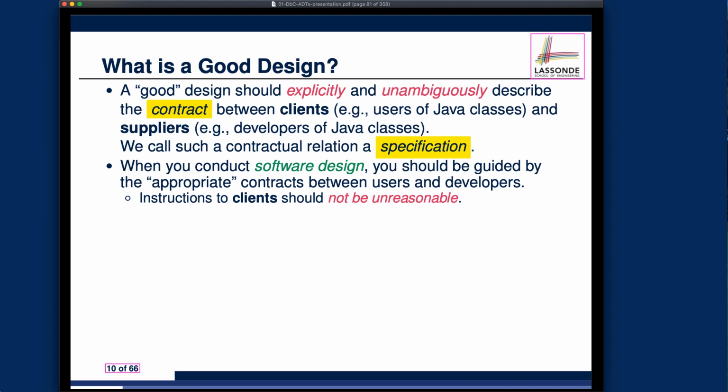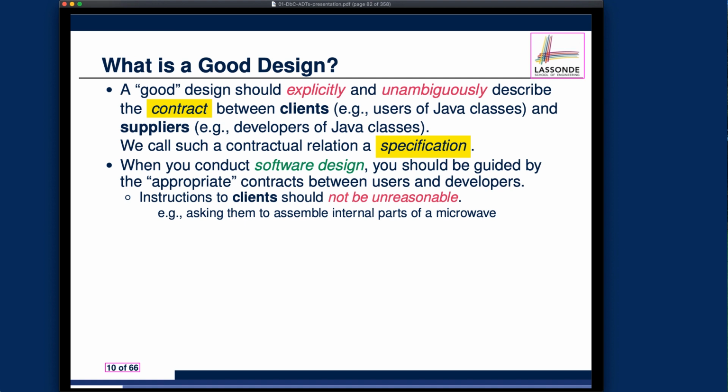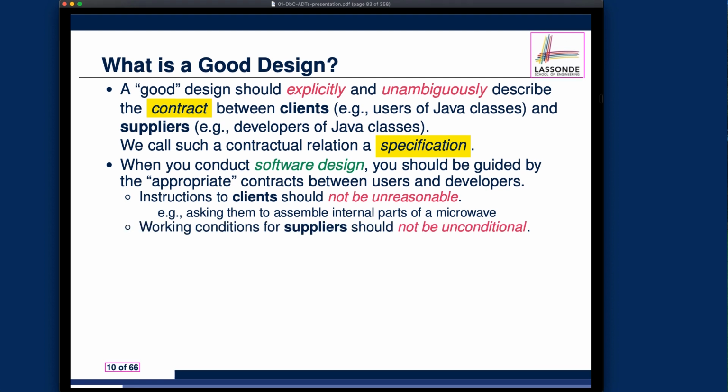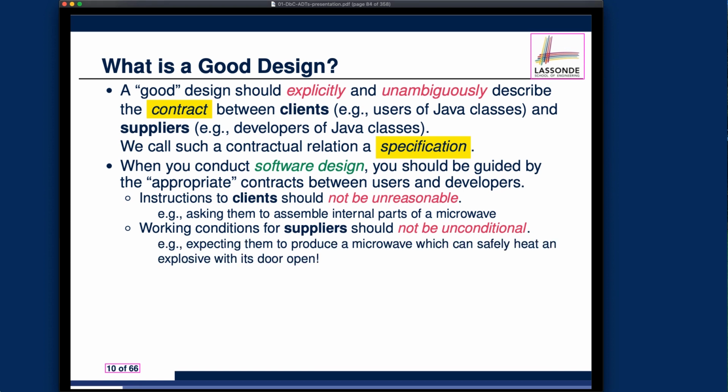For example, you cannot expect a microwave user to assemble the parts or to fix the microwave, because that's not their obligation. And principle number two, for the supplier, the working conditions of their products should not be unconditional. As I said before, you shouldn't expect to heat up some explosive when the microwave door is open and not locked. So you want to make sure it's fair for both the client and the supplier.